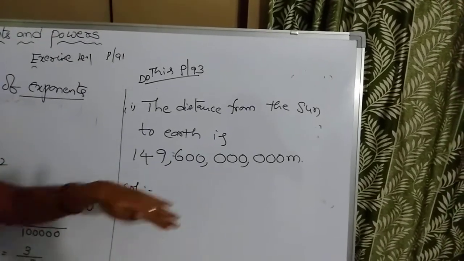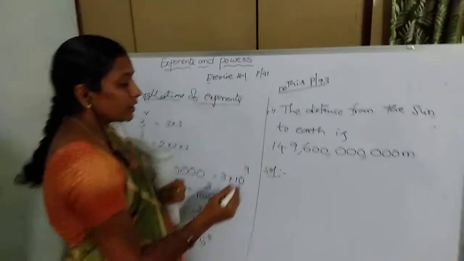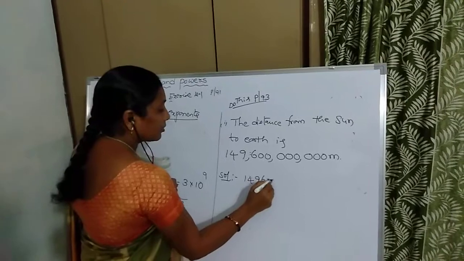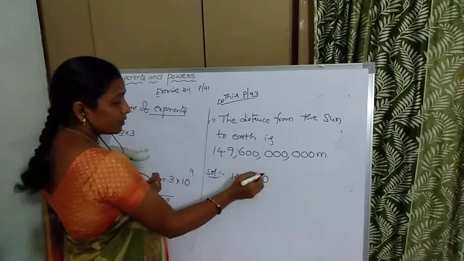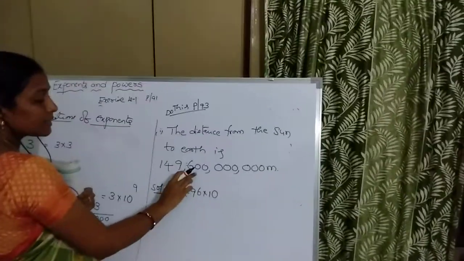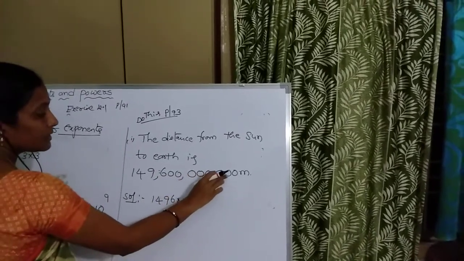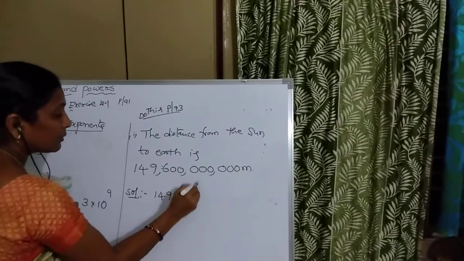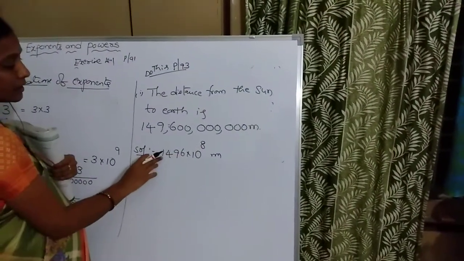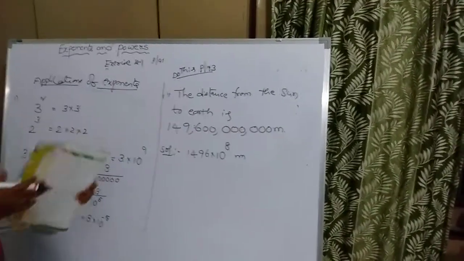This large number can be written in exponential form, so we can read and write it very easily. It can be written as 1496 into 10 to the power, followed by zeros. 1496 is followed by how many zeros? 1, 2, 3, 4, 5, 6, 7, 8. So it can be written as 1496 into 10 to the power 8 meters. It is very easy to read and write.